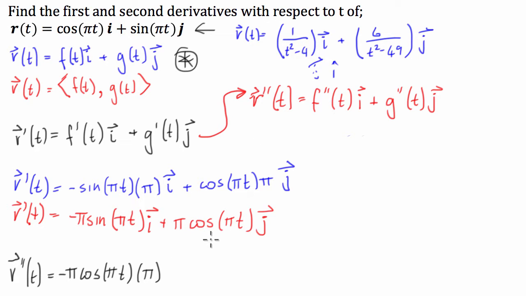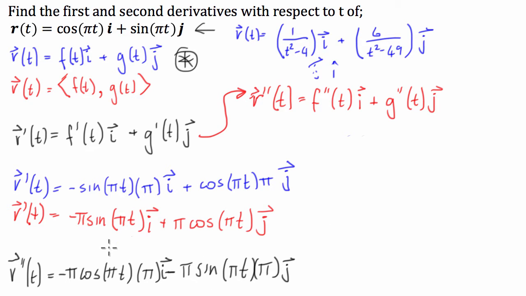Now the derivative of cos is negative sine, so I'm going to make this a negative rather than a positive. We'll put that pi still there, and then the derivative of the inside is just pi. Now, I've forgotten to put the i in. And that's multiplied by the vector j.